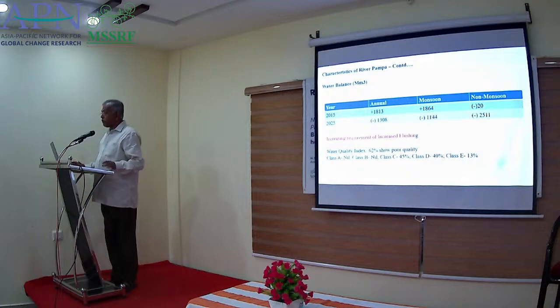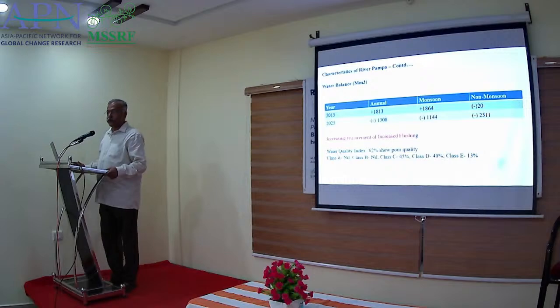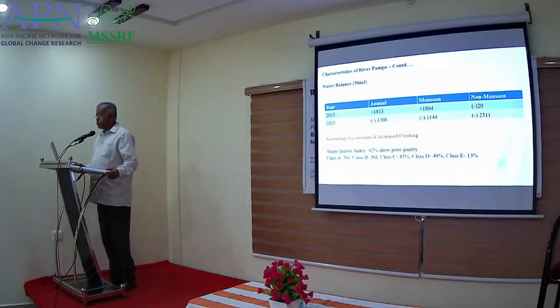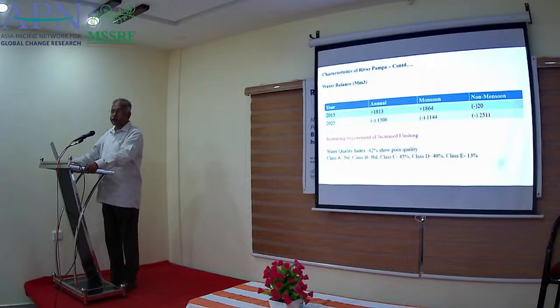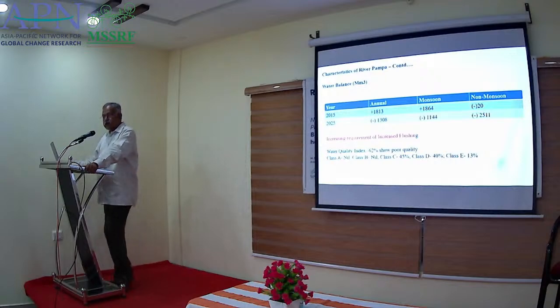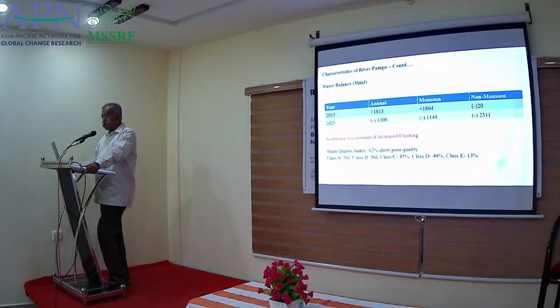Now if you look at the water balance in 2015 and 2025, the 2025 is a projected one. We can see that in 2015 the annual water balance was positive. That is, there used to be surplus water all through the year. Monsoon especially, almost about 1,864 million cubic meter surplus was there. Non-monsoon there was a very small deficit of minus 20 million cubic meter.